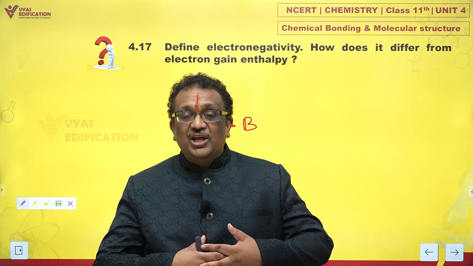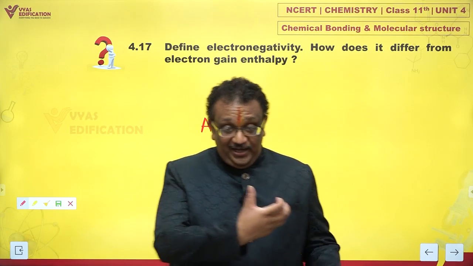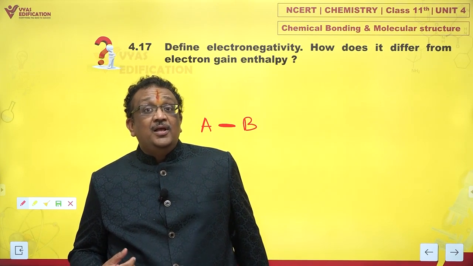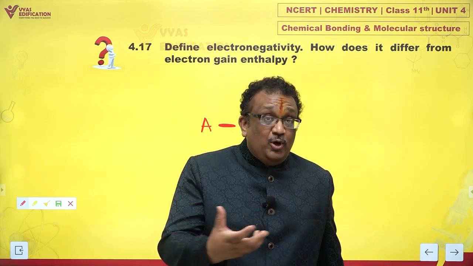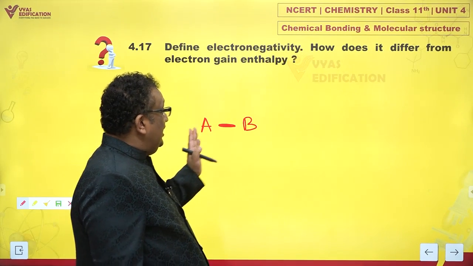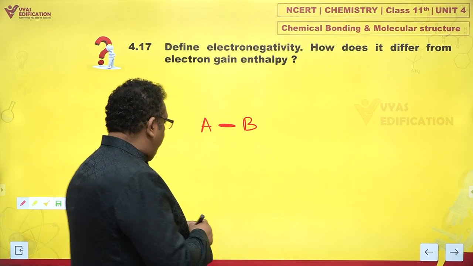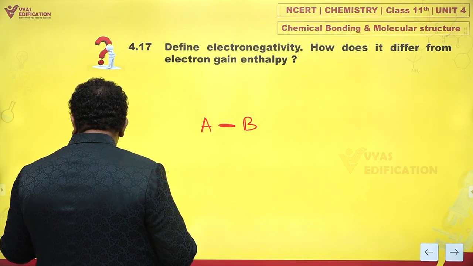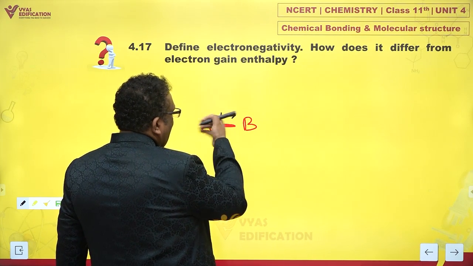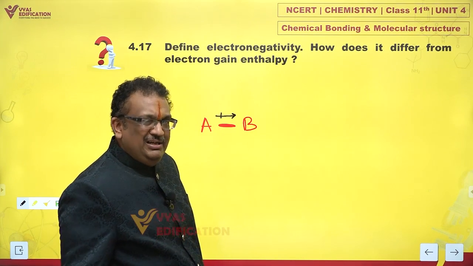Although they begin by sharing, they get greedy and try to pull the electron cloud towards themselves, away from the other one. The one which is able to pull it more effectively, say for example in case B, gets this power. It can pull away electrons from A, very slightly.